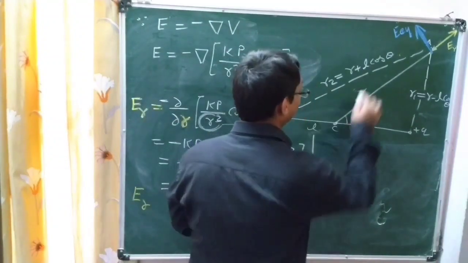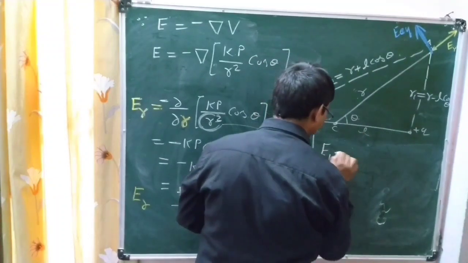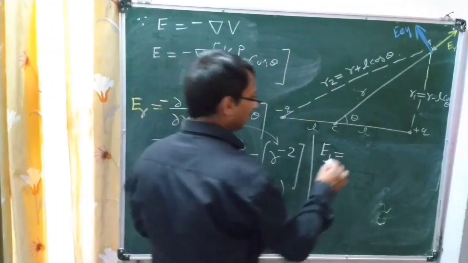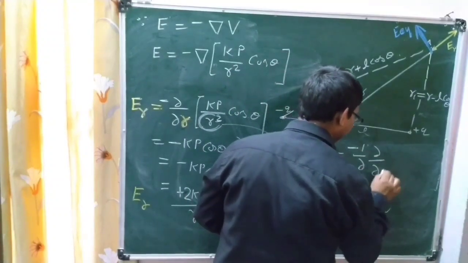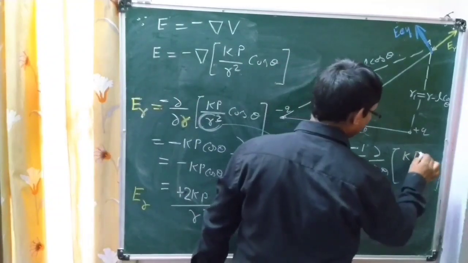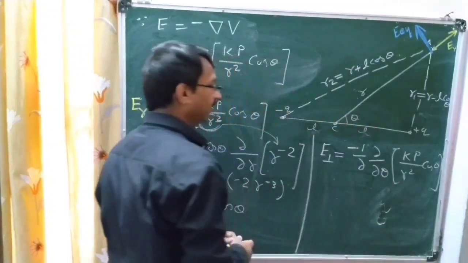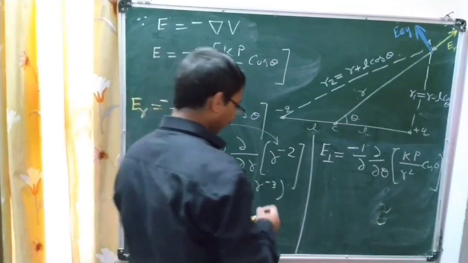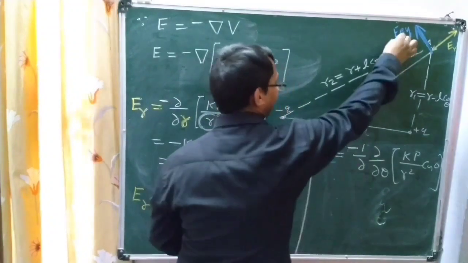So E perpendicular or E equatorial can be given as minus 1 upon r del by del theta of Kp upon r square cos theta.